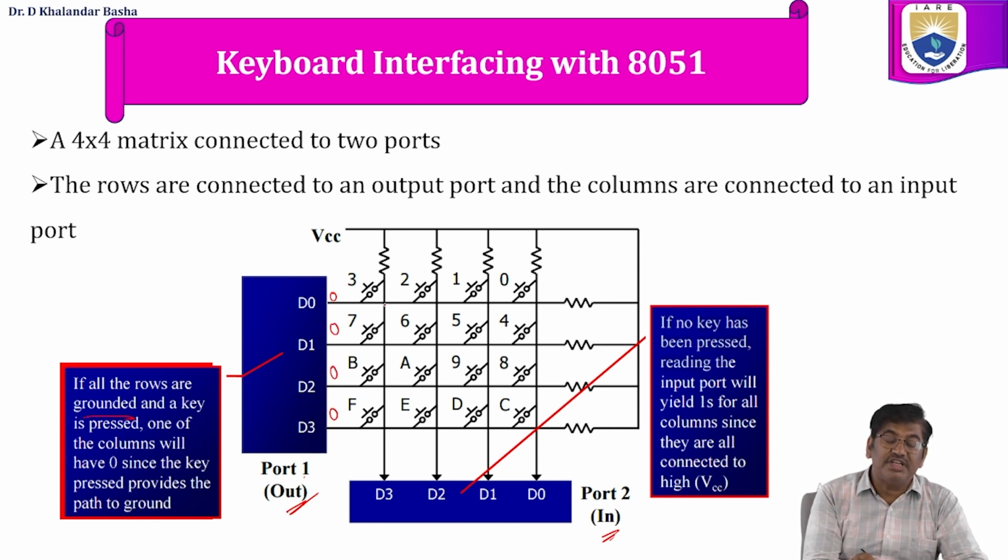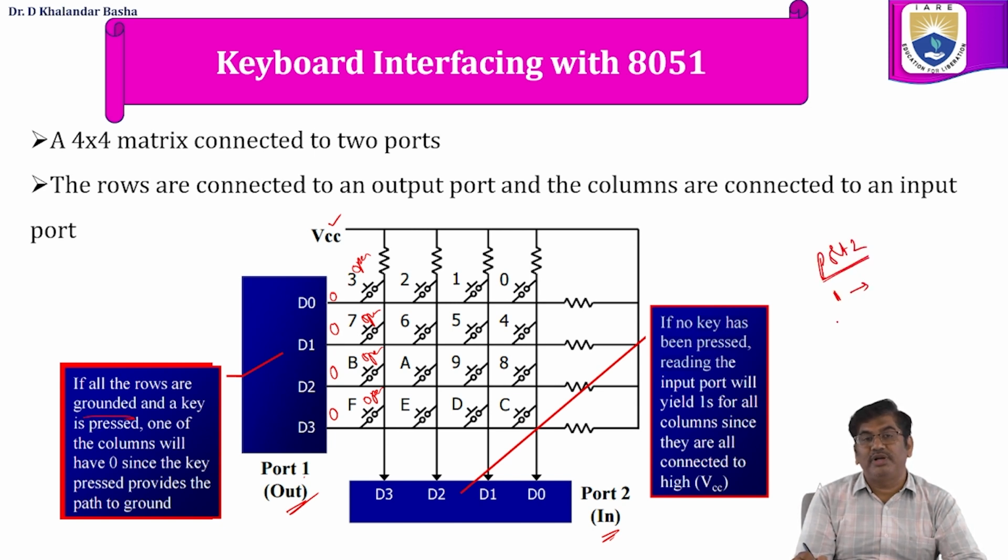If the switch is not connected, this switch is open, this switch is open, this switch is open, so the row and the columns will not get into contact. The column line will be connected to VCC, which is going to give us logic 1. So when we read port 2, if the particular port bit is 1, it indicates no key was pressed.